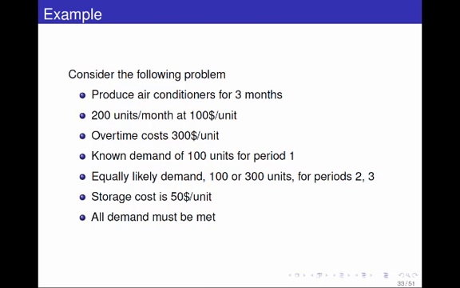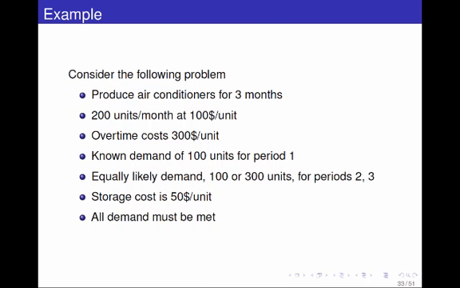We have a maximum regular production capacity of 200 units of air conditioners per month, and the regular cost we pay is $100 per unit. But if we want to use overtime, it's 3 times more expensive, but we can go above the 200 units per month.